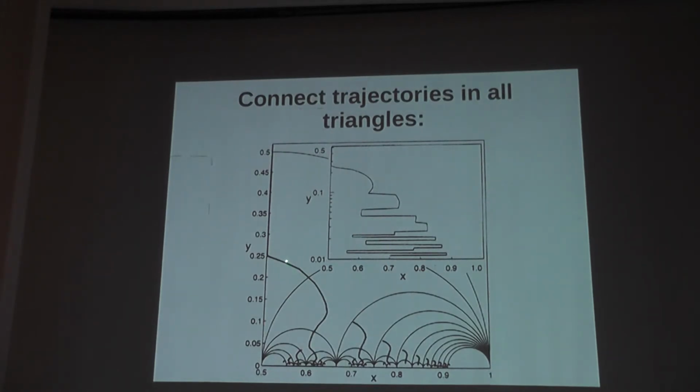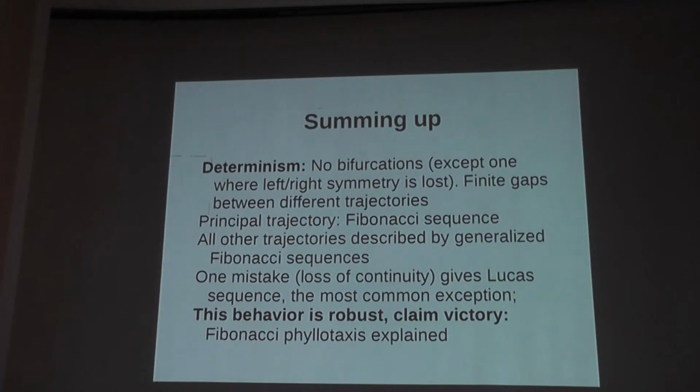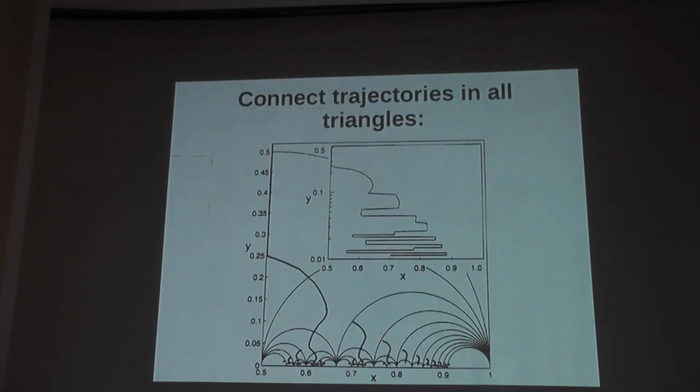There is a trajectory that enters the triangle from above and then exits it from below, and then another trajectory appears on the edge between this triangle and the next triangle, and then enters the other triangle, and then everywhere it looks the same way. It doesn't look identical because we shouldn't use translations to connect triangles; but if we use hyperbolic transformations, then we'll see that the behavior is actually identical in all the triangles. And so from that you go smoothly to Fibonacci numbers, and then at this point you're done.